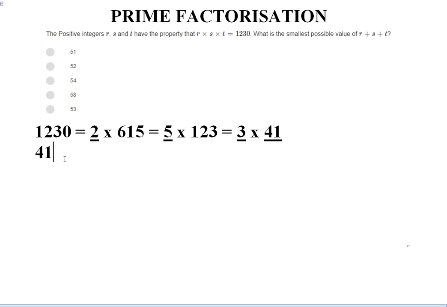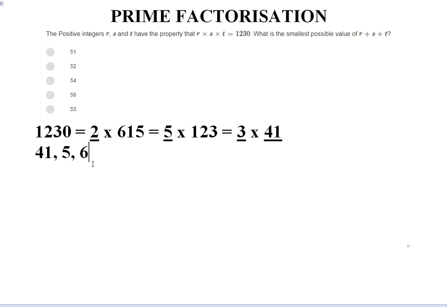41. Right, now we need to include 2 more numbers. So the logic you want to apply here is to multiply the 2 smallest numbers together to create another factor. All right, so we'll include 5 as is, and then we'll multiply 2 times 3 to give us 6. So now we have 3 numbers, 3 factors.